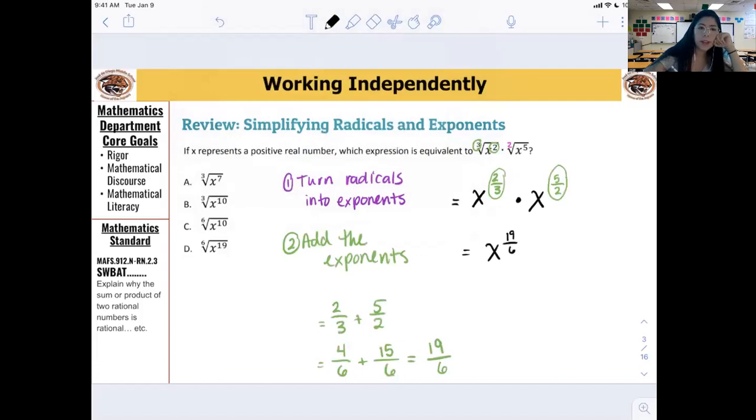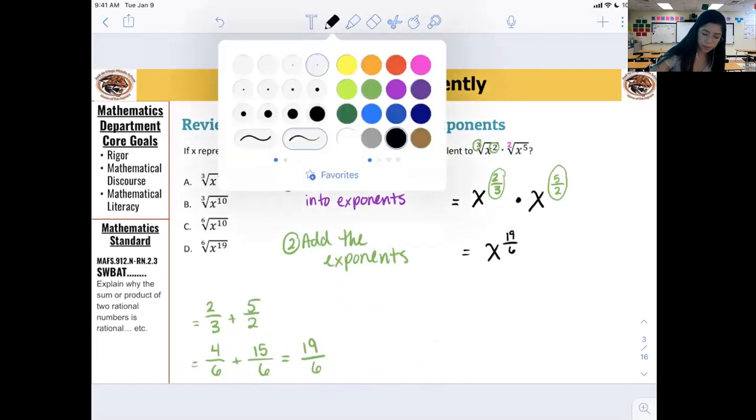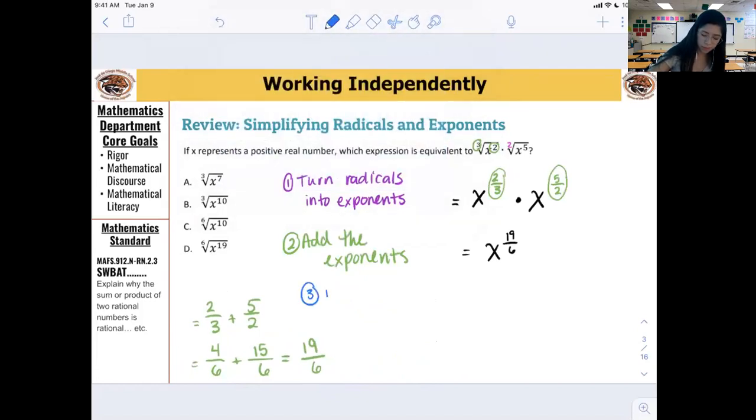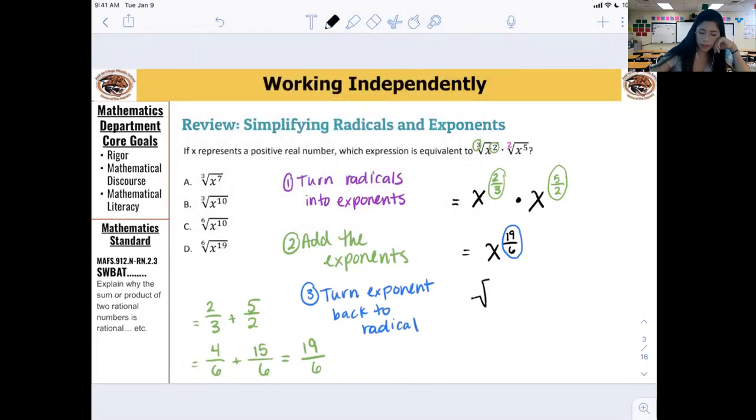Well, my answer choices are all in radical form, so now I gotta just switch it back to radical form. So turn the exponents back to radicals. So 19/6, which number goes out on the balcony? 6.